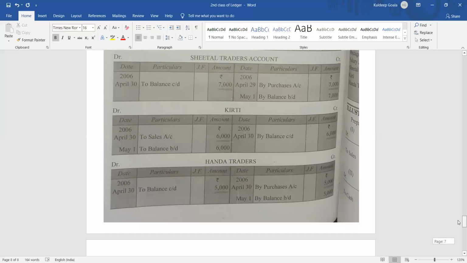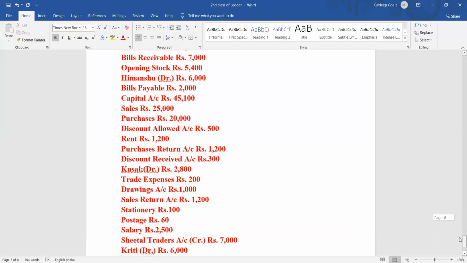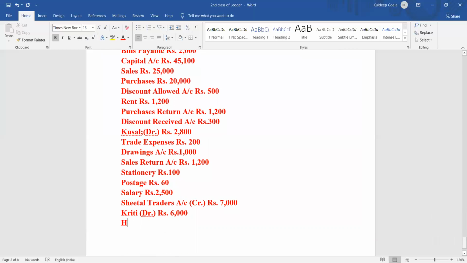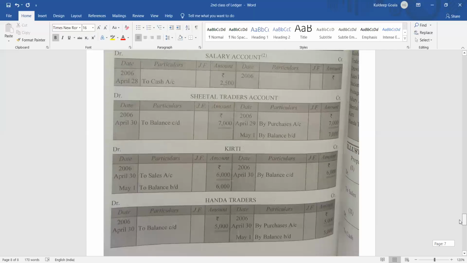Honda Traders, how much is the balance? It is a credit side, right? 5,000. So Honda Traders account in the bracket, credit, rupees 5,000. Clear? This is the amount of money in Honda Traders, 5,000, right?